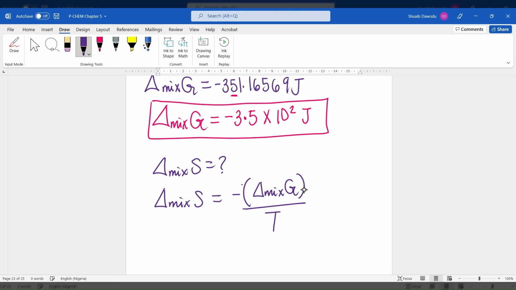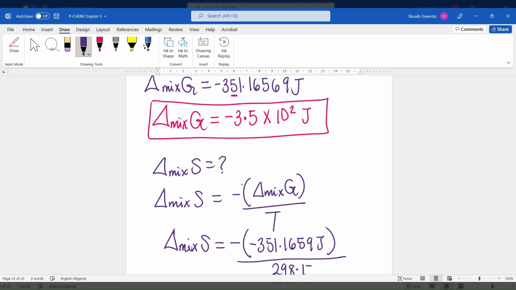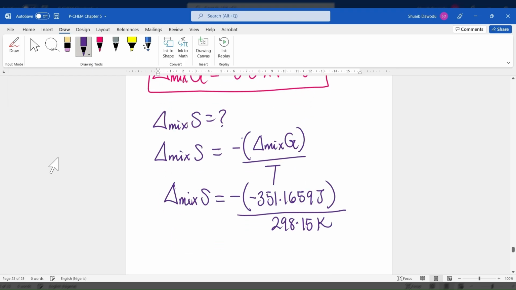So the change in entropy of mixing is simply negative of negative 351.1659 joules, divided by the temperature, which is 298.15 Kelvin. So that's basically what that would be.